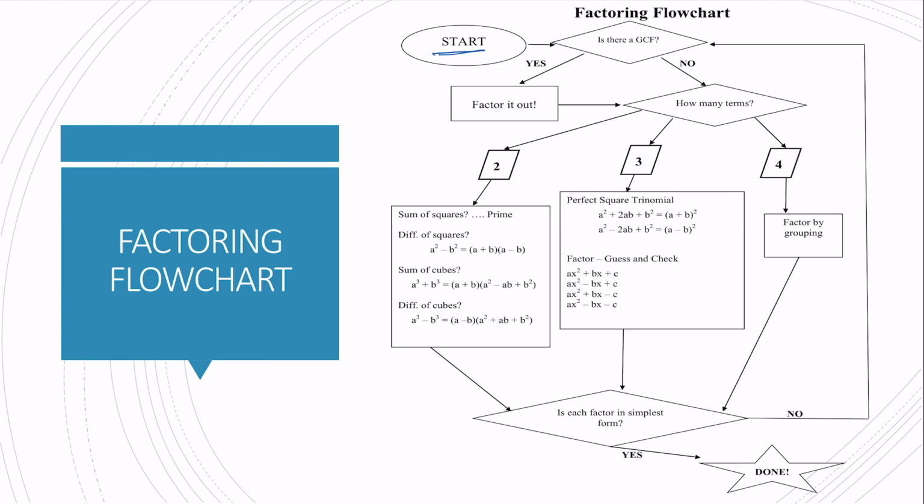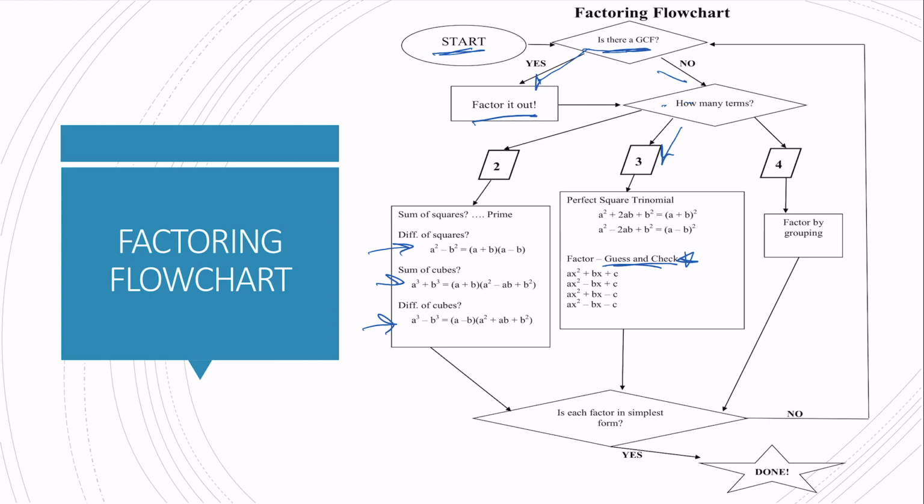So start out, is there a greatest common factor? Yes, if there is, factor it. If there's not, don't factor it. How many terms are there? If there's two, it's a difference of squares, sum of cubes, or difference of cubes. If there's three terms, factor, guess and check. I don't like calling it guess and check.